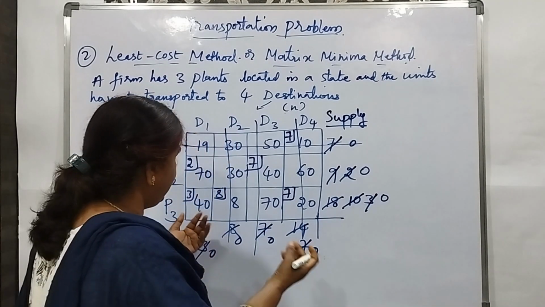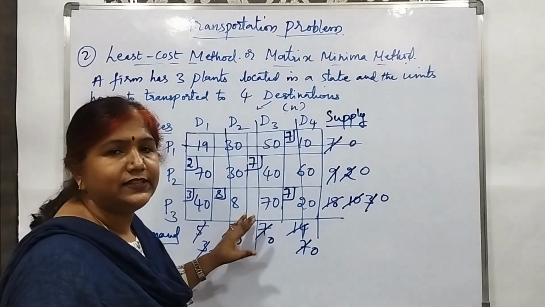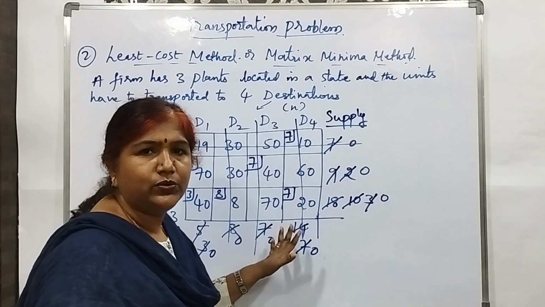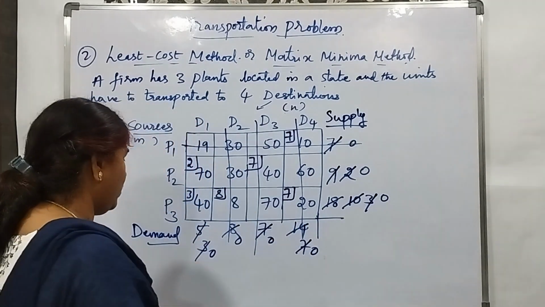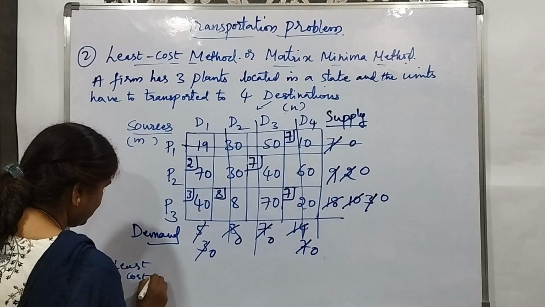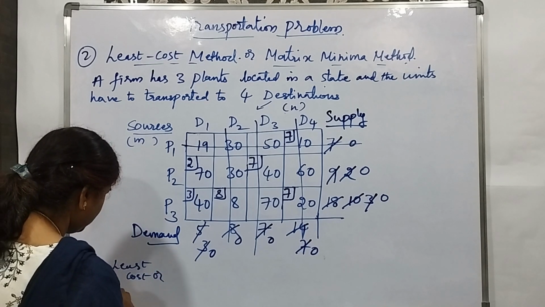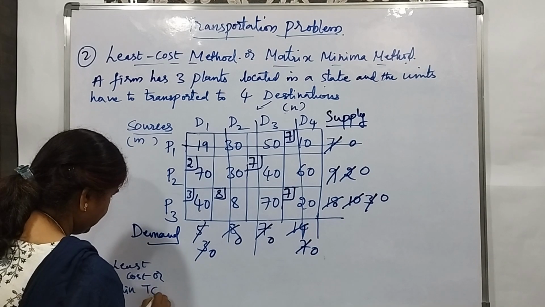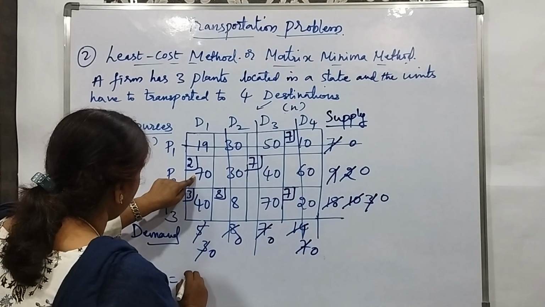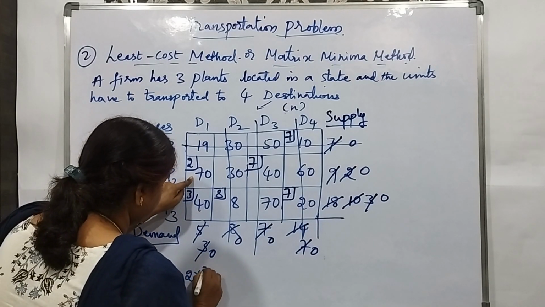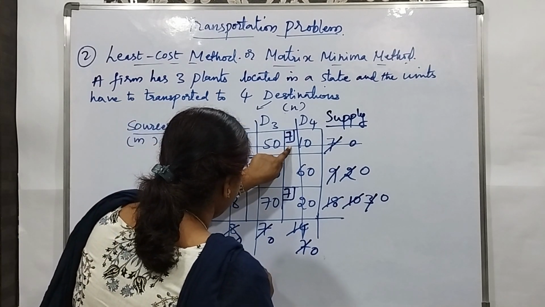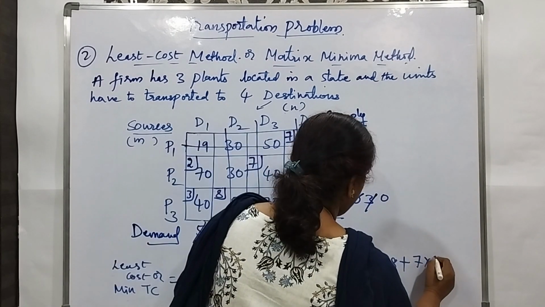Now we have to take those particular cells where units have been allocated to find the least transportation cost. We can call it the minimum transportation cost. Now pick up those cells where the units have been allocated: 2 into 70 plus 7 into 10, 7 into 20.